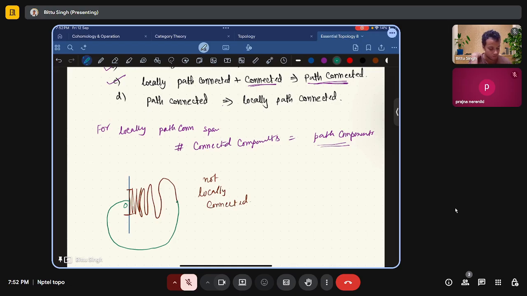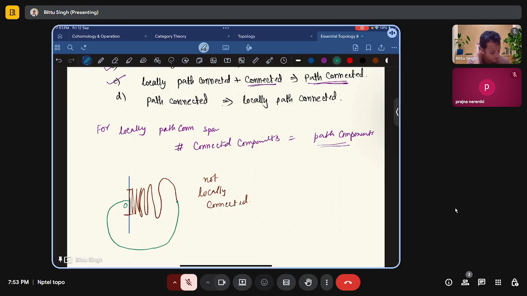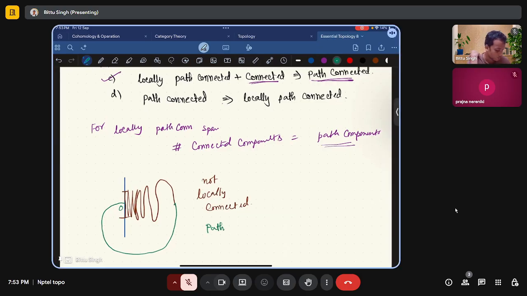Previously it was not path connected, but if we join the origin and the other arm, then it becomes path connected, because whatever point you choose from the y-axis, you can join using this curve. Can you see that this becomes path connected? Yes. So this is path connected.